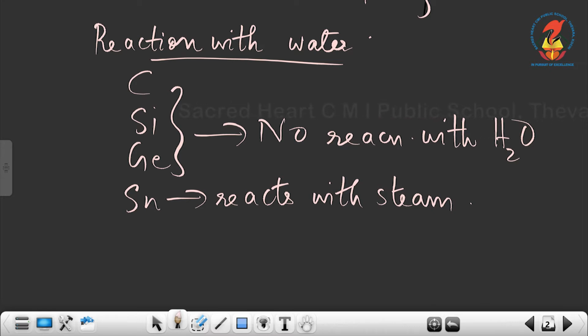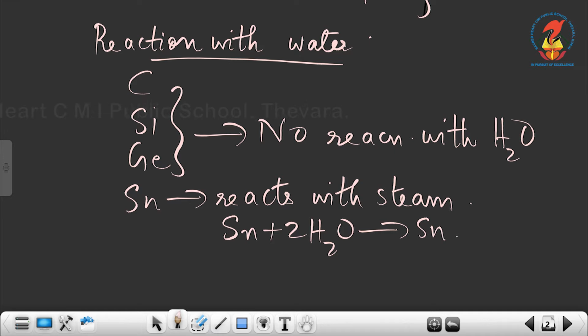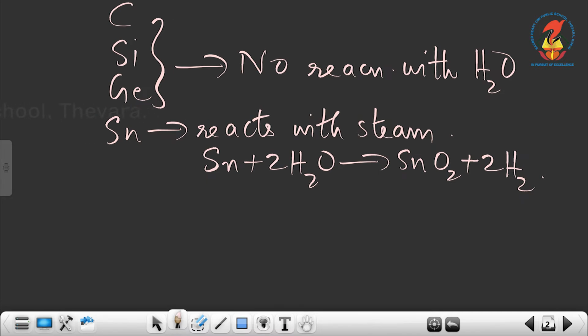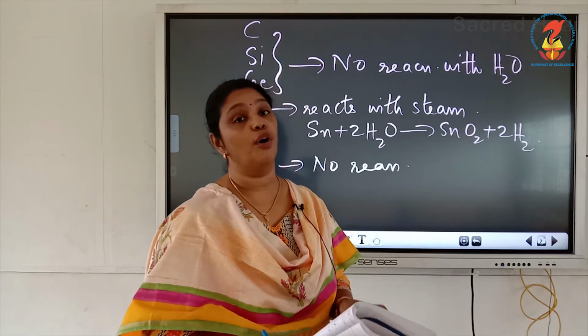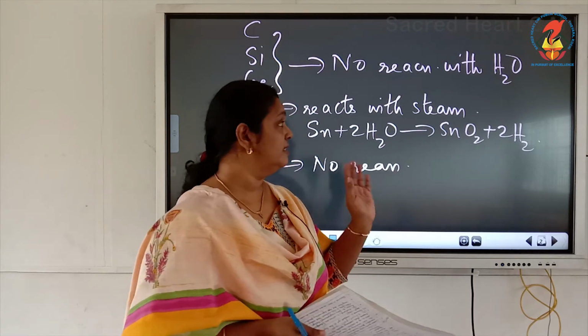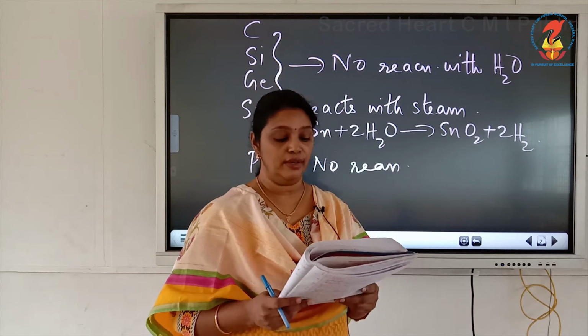So I am going to write the equation for the reaction of tin with steam: Sn plus 2H2O giving SnO2 plus 2H2. And lead, no reaction with water. Lead will not react with water due to the formation of a protective oxide layer. So, this is the reaction of group 14 elements with water.